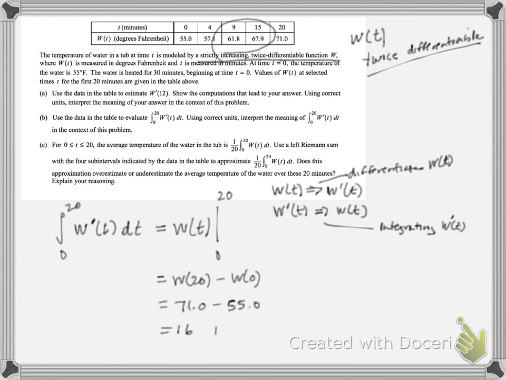This means that the water has warmed by 16 degrees Fahrenheit over the interval from 0 to 20 minutes. That's what it means.